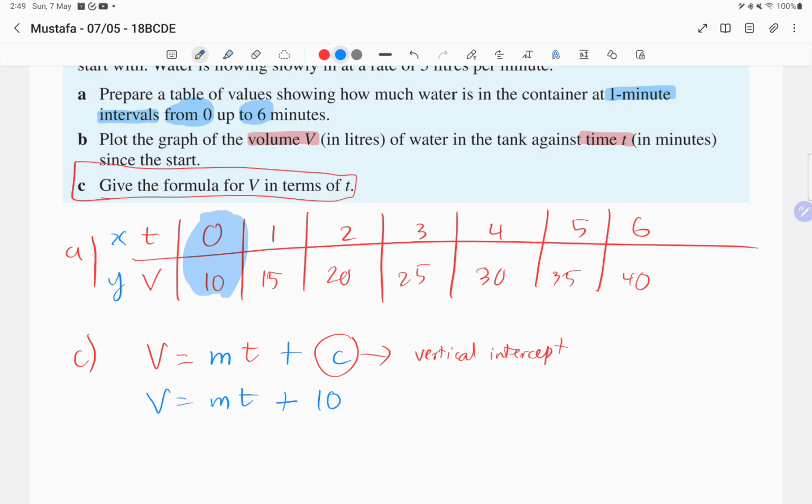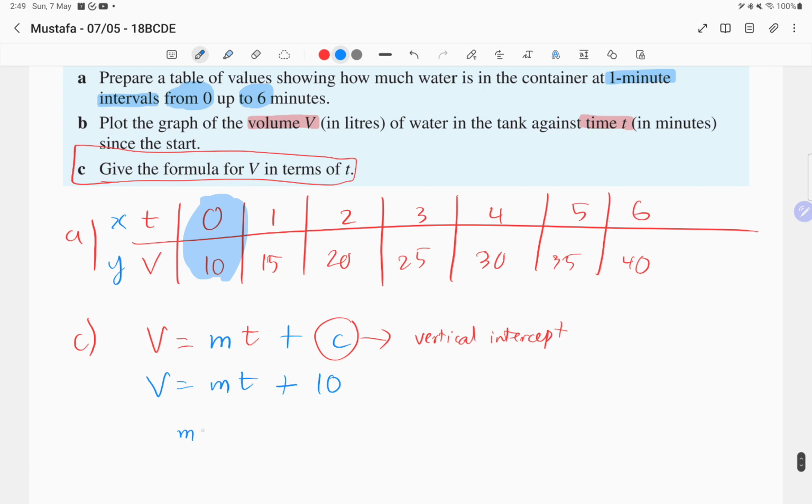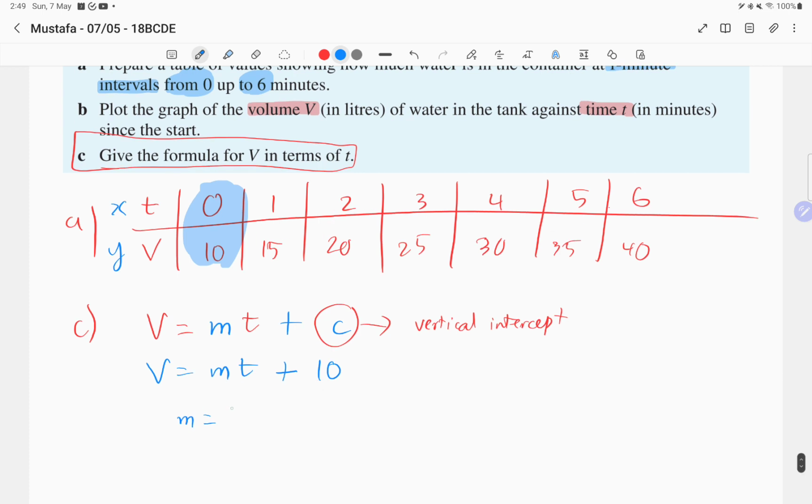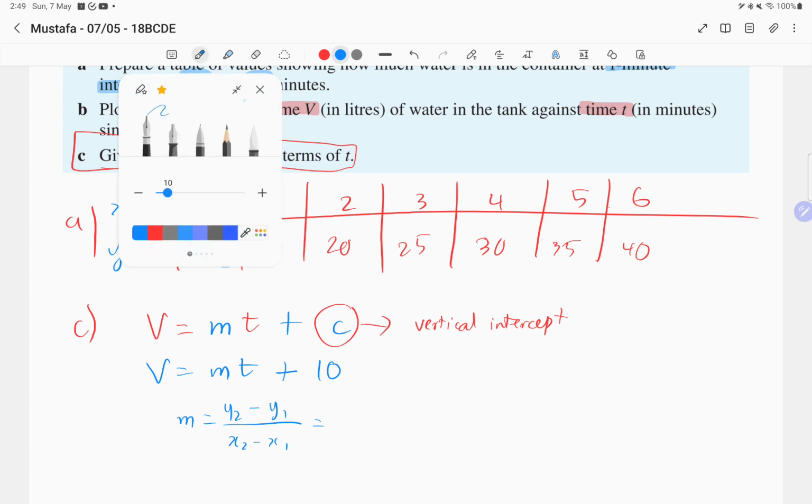How do we calculate the gradient? We do y2 minus y1 over x2 minus x1. Which points are you going to choose? Make your life easy.